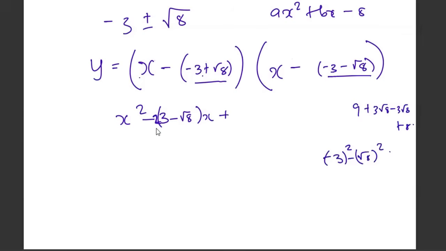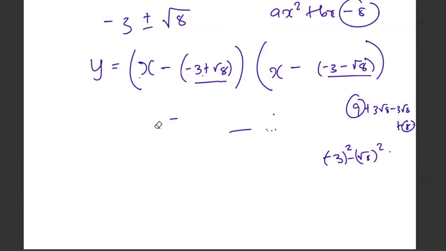Okay, meaning that I'm going to be left with a 9 plus 8, which is like a 17. Which does not come out the way they wrote their 8 here. So let me try to use the nature of roots.